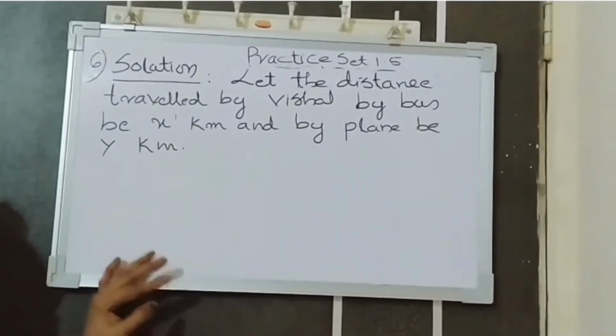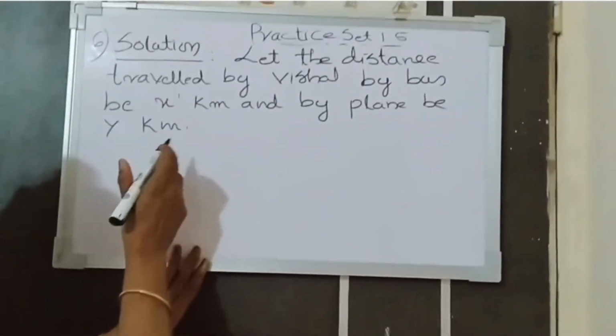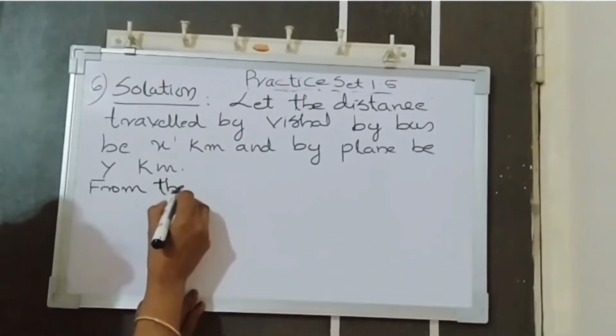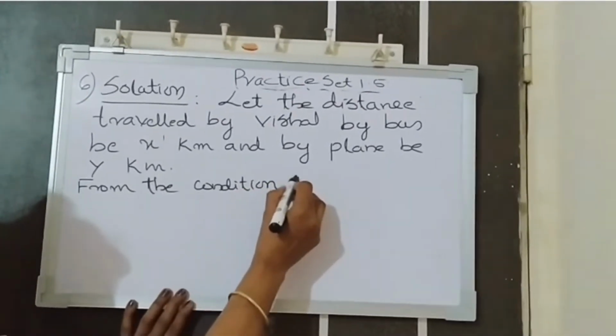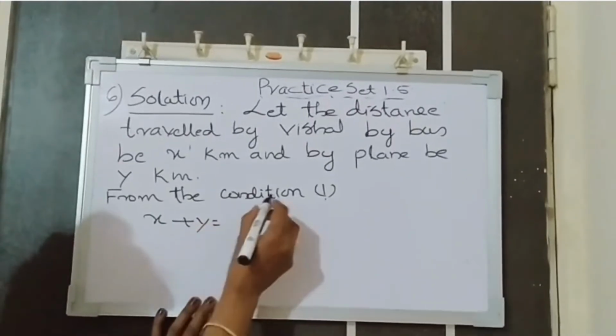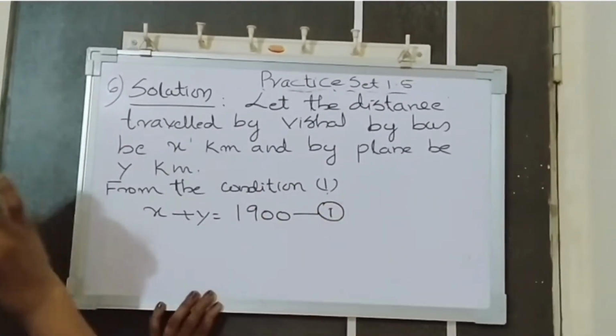Therefore, the total distance covered by Vishal by bus and aeroplane is 1900 kilometers. Therefore, from condition 1, x plus y equal to 1900. This is equation number 1.